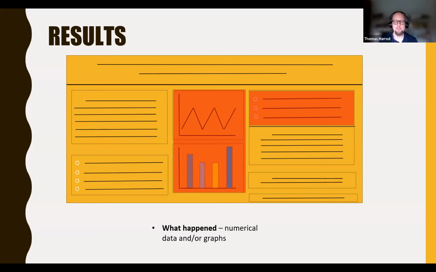It's just what did you observe? This is not the place for any analysis or discussion of the meaning of it. And again, this can be some combination of graphs, which I would highly recommend because it gives more visual interest to the poster, and it can also involve just a written description of the results.